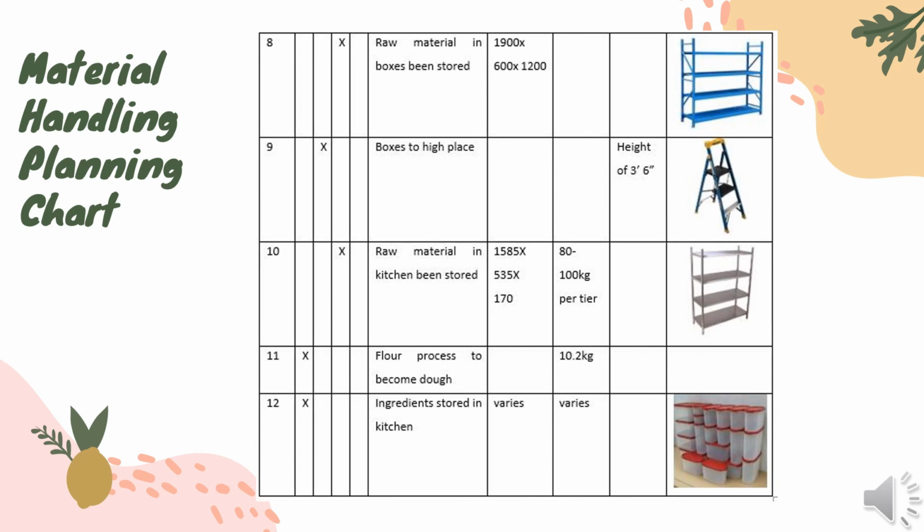Then we are using a single metal rack to store the raw material, and we have a step ladder in case we are moving the boxes to a high place. Next, we are using a kitchen chef to store raw material in the kitchen, and the last one is we are using various Tupperware to store ingredients.